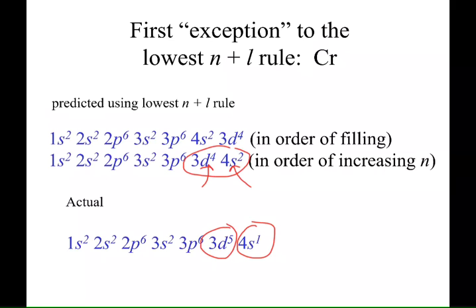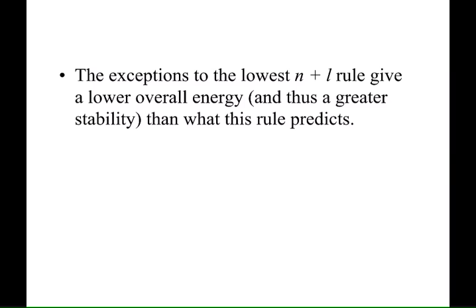What happens basically, I'll kind of draw your attention up here, is 1 electron jumps ship from the 4s to the 3D, okay? And the reason for that, and that's why these exceptions occur, is actually a half-filled D subshell.